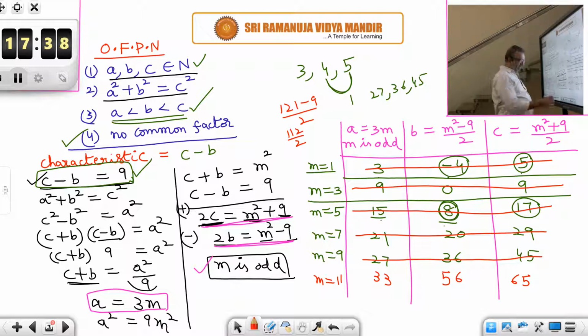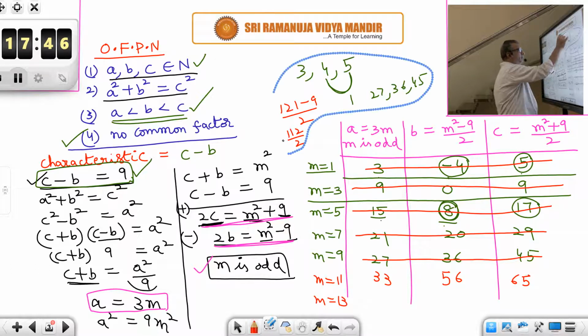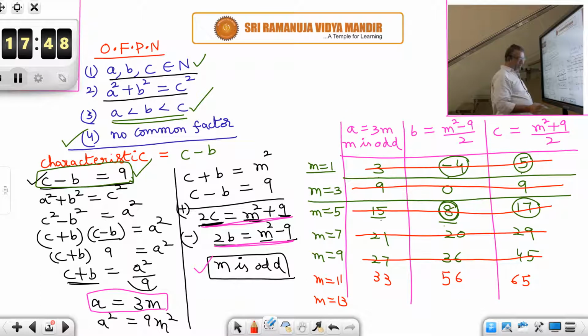Next, after 11, what is the next one? Odd number 13. M equal to 13. So, you will get 3 into 13, 39. 13 square, 169 minus 9, 160 by 2, 80.